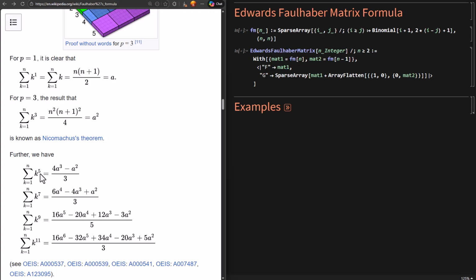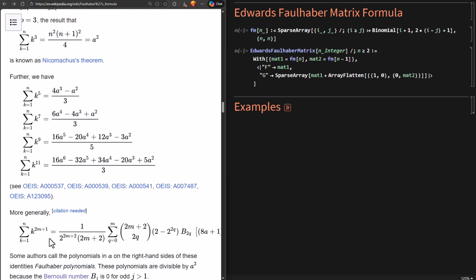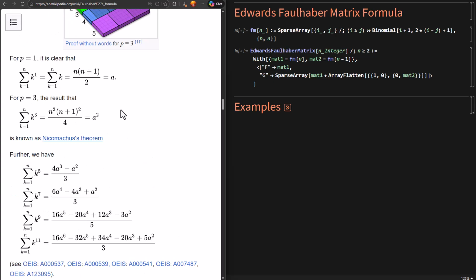What's more, if we raise the power to 5, 7, 9, 11, we can also express this sum in terms of A, even though A is indeed a function of n, but we do not need the n terms to show up on the right hand side. It's all about the first order sum. We have a generic formula for that, but it only works for these odd powers. And Edwards has a very nice matrix formula that works for both odd and even powers.